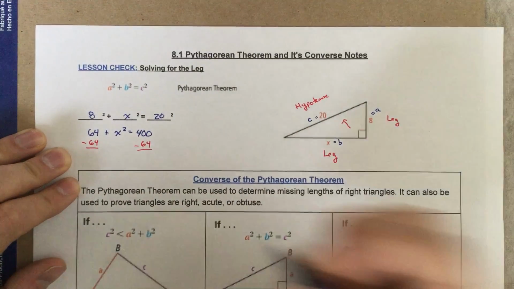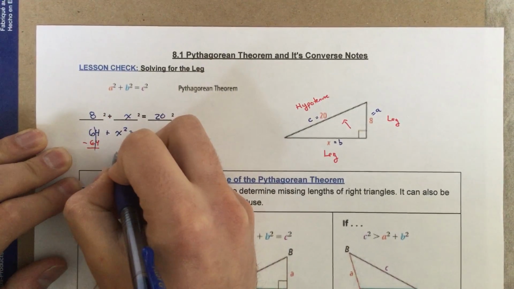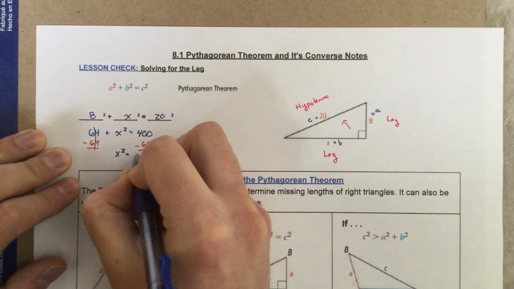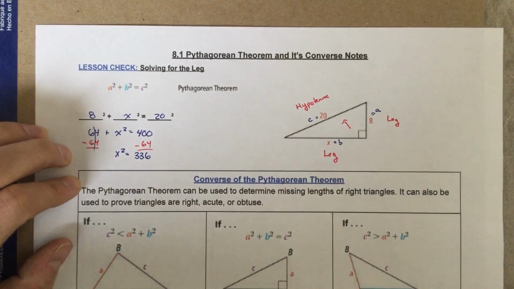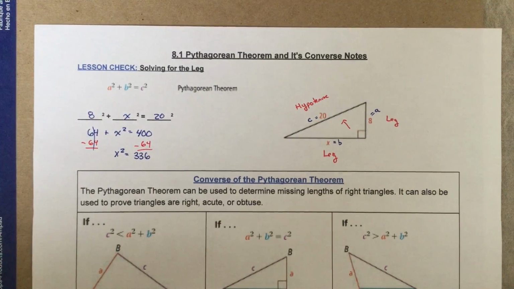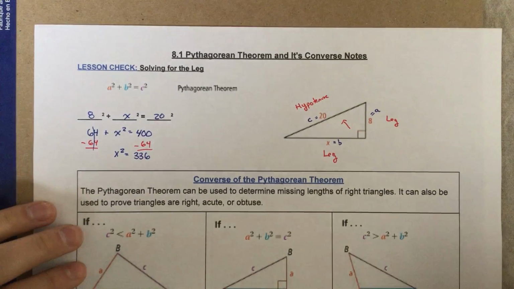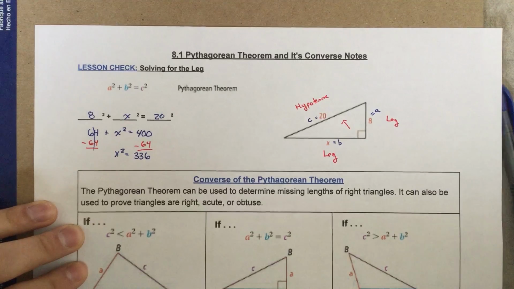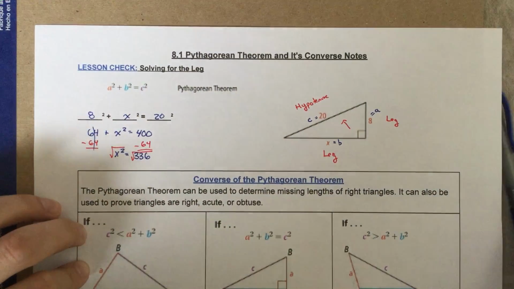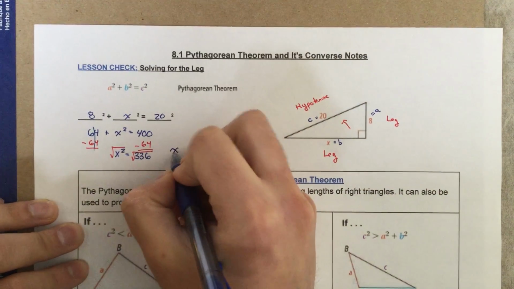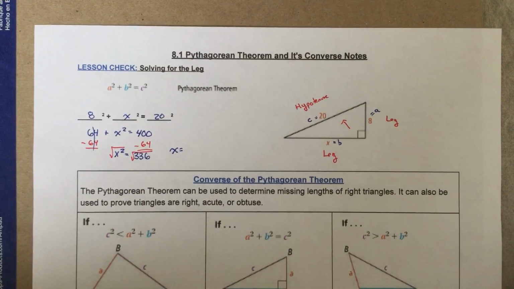I'm going to subtract 64 from both sides. I get x squared equals 336. And then I'm going to take the square root to get x by itself, or the missing leg.